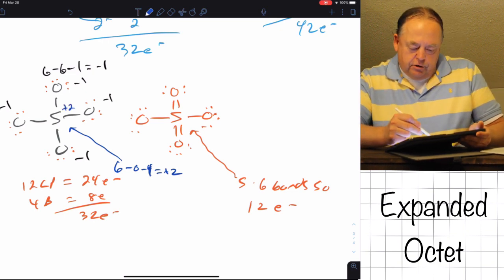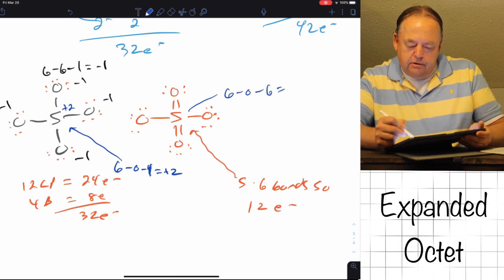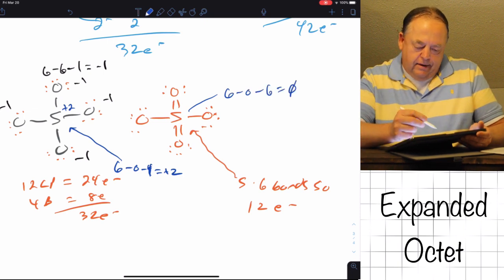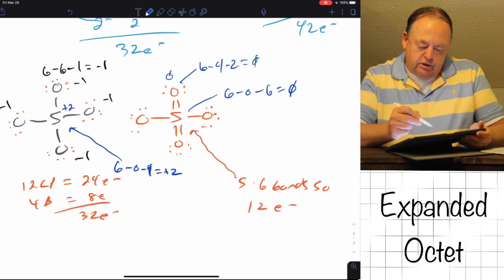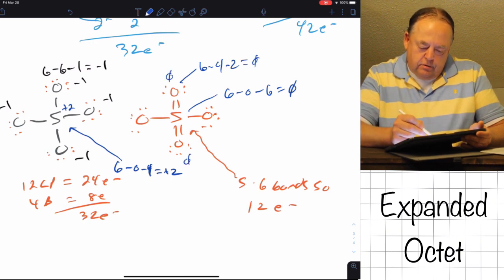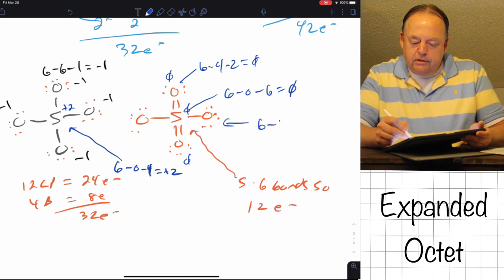And then for the other structure, so sulfur, 6 valence electrons minus 0 dots minus 6 bonds, it would have 0 charge. And oxygen, 6 valence minus 4 dots minus 2 lines equals 0 charge. So this oxygen's 0, this oxygen's 0, sulfur is 0, and this oxygen, 6 valence minus 6 dots minus 1 line is -1.